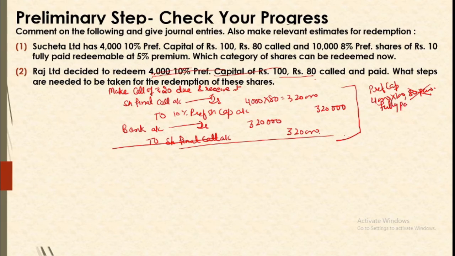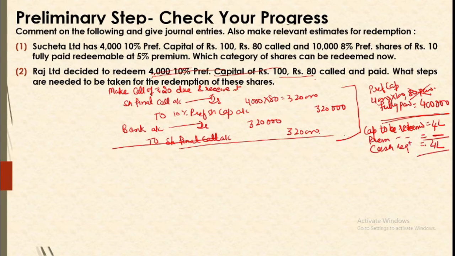So your capital is now 4 lakh rupees, which is to be redeemed, and we are not given any premium, so our sources required will be for the capital to be redeemed 4 lakh, premium on redemption nil, and cash requirement it will be 4 lakh. So we will be making sources available for these. So this is regarding the preliminary step or first step, that is we are making estimates.